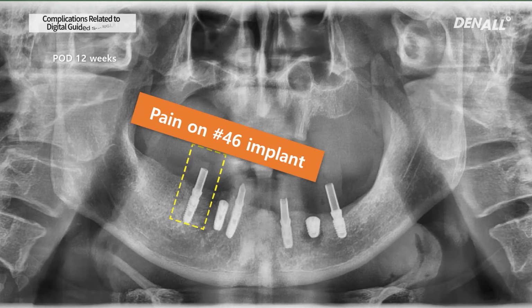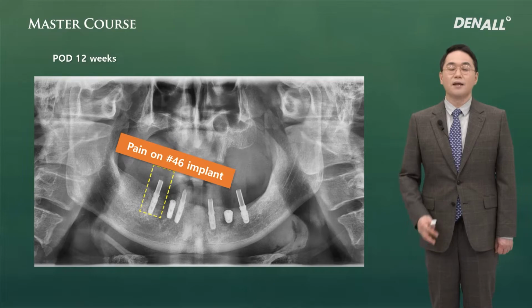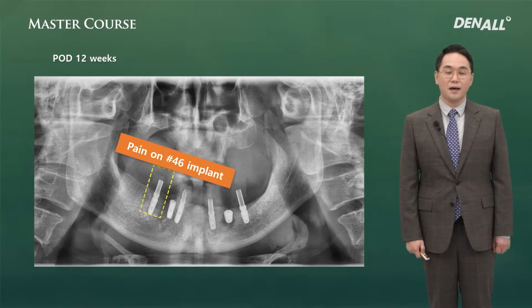With heating necrosis, there is an apical lesion or extensive bone loss, but if severe occlusal force is applied or if occlusal adjustment was done inappropriately, there is no extensive bone destruction. I thought the reason why number 46 failed was because occlusal force was applied excessively on that area.